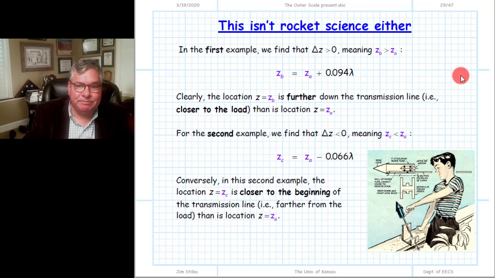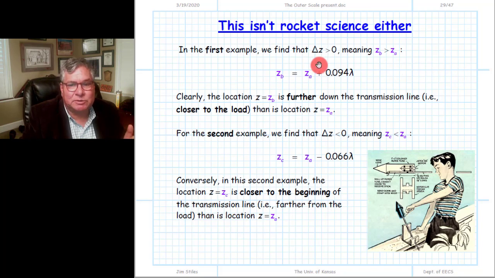Summarizing these results, and hopefully this is pretty obvious, not difficult to understand. In the first case, where delta z was positive, that means that the location ZB was 0.193 lambda further down the line in the direction of increasing z, closer to the load than the initial value ZA.